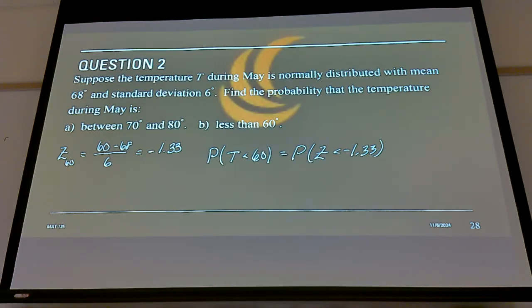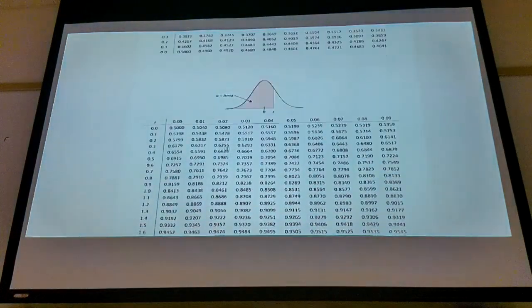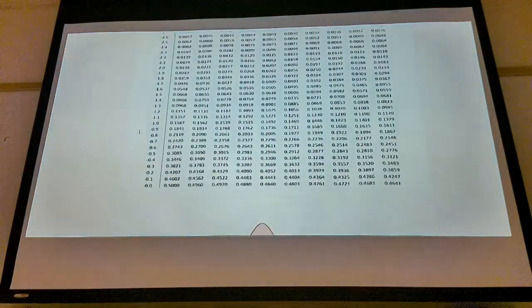That's what we're looking for, which can come right from the chart. So let's look for -1.33. -1.3, 0, 1, 2, 3, 0.0918.